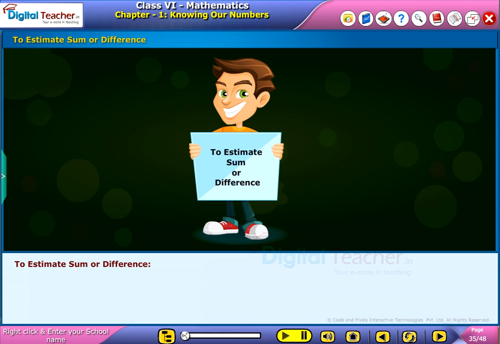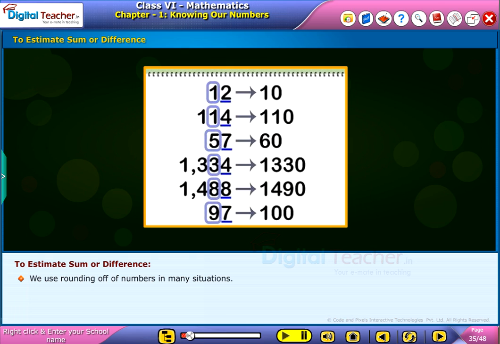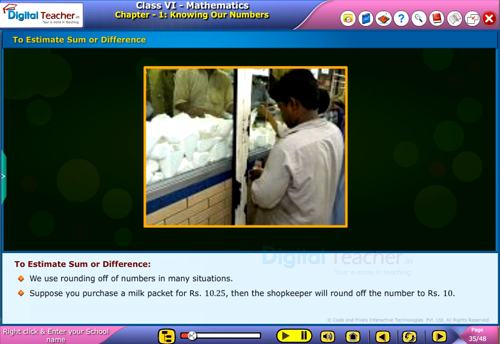Let us go through the topic to estimate sum or difference. We use rounding off of numbers in many situations. Suppose you purchase a milk packet for rupees 10.25. Then the shopkeeper will round off the number to rupees 10.